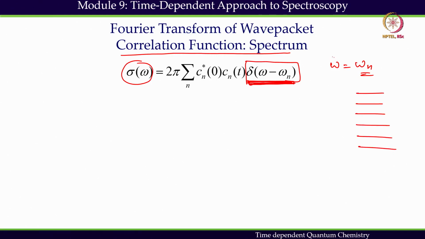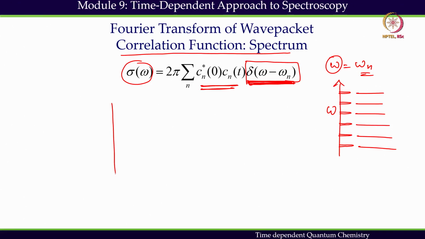I vary omega continuously, and I will have a function value only when the states match this omega. So I get a spectrum, and that is what energy resolved spectroscopy is about. I get the energy states, modulated by this function.